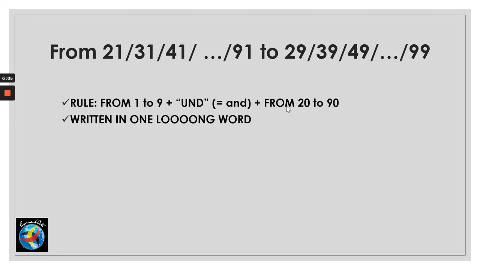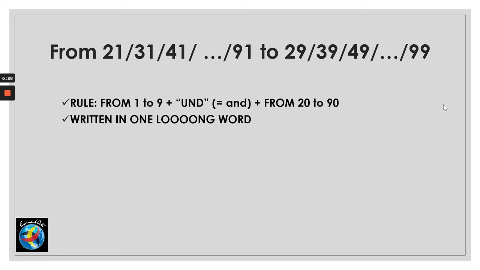The thing is, there will be one long word. Even though it's actually not so complicated because you can divide the words into the component parts, you will have to write this down into one long word. Of course, it will become even longer in the lesson where you will learn to count from 101.